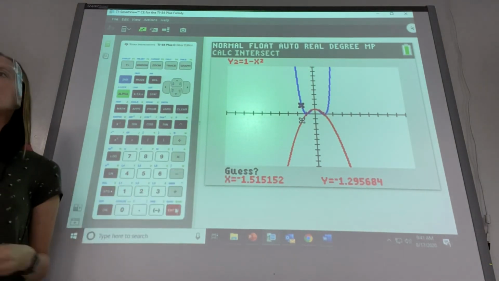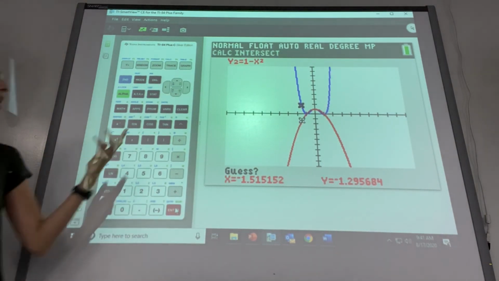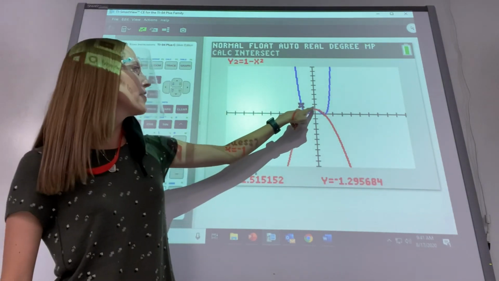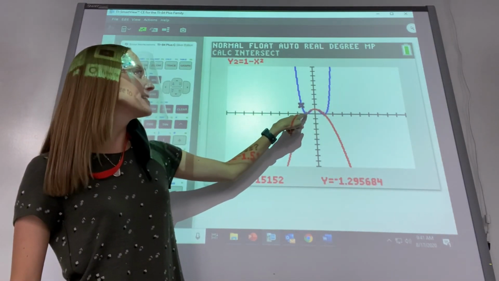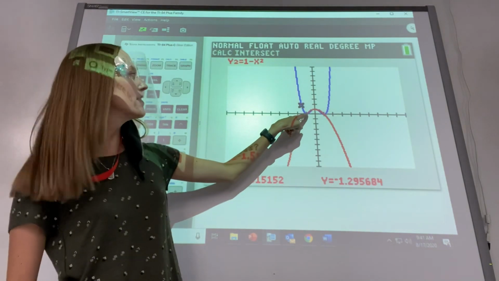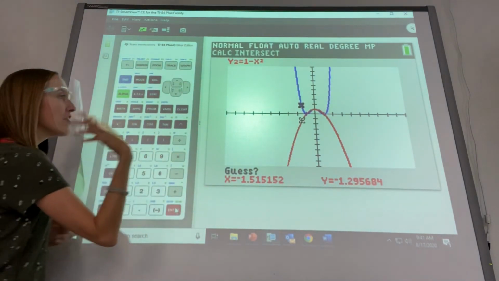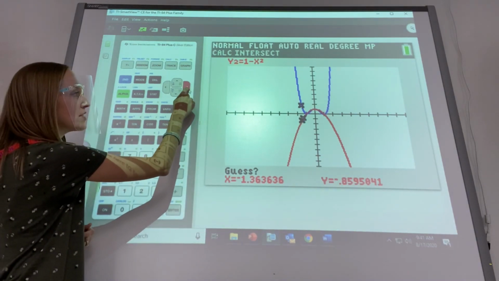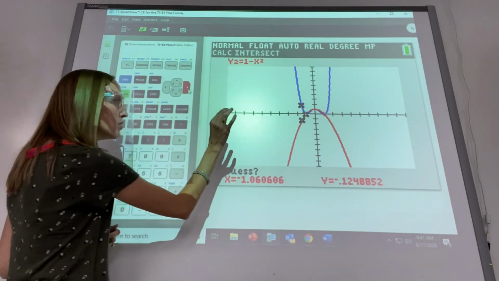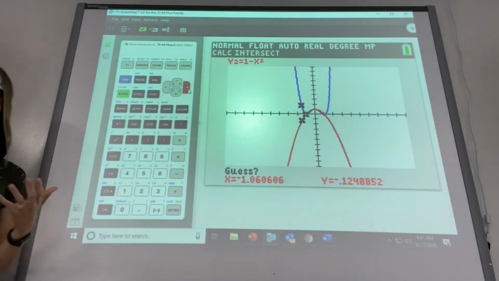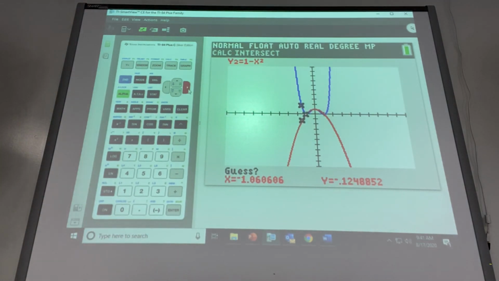Now it says guess. So, it's looking like it crosses in 3 places. And again, I know this one's kind of obvious, so you can probably already write the ordered pair. But for the guess, just put your cursor as close to the point as you can, whichever one you're trying to find.